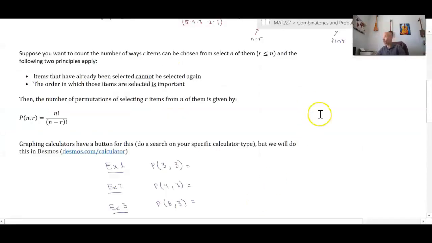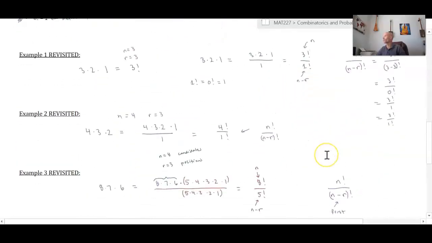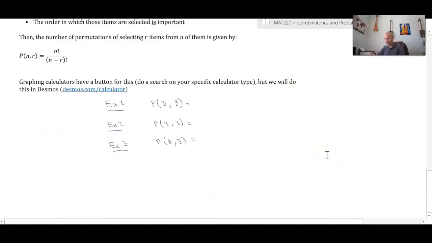And just to show, there they are, same answers, 6, 24, and 336, but with the push of a couple buttons, we end up with the same answers.